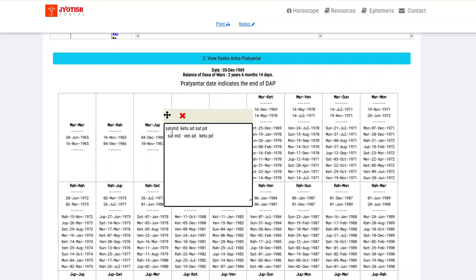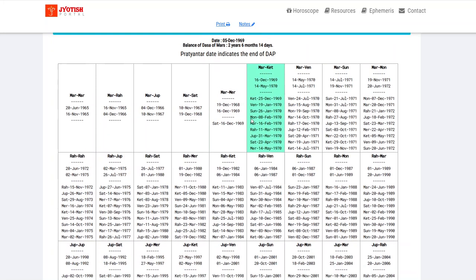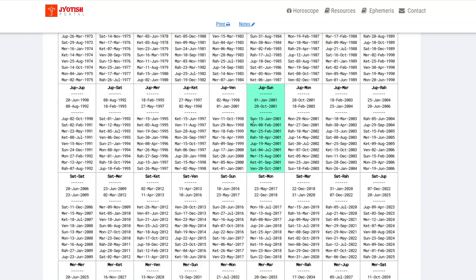Since this person is already going through Saturn mahadasha, Ketu antar-dasha might be over, but let's see. Let's actually identify the span. So Saturn, Ketu, and then within that, Saturn.